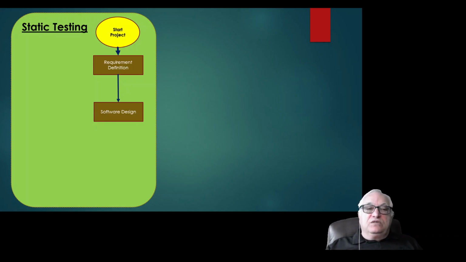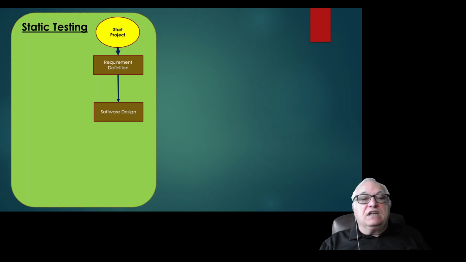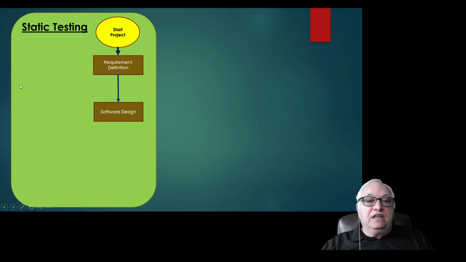Static testing is where the software engineer reads the requirements and decides whether or not they are testable. If requirements are not testable, that means the requirements are subjective, and if you cannot test them, the person programming it should not be programming it.